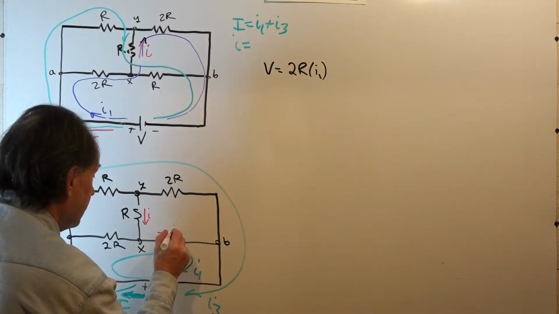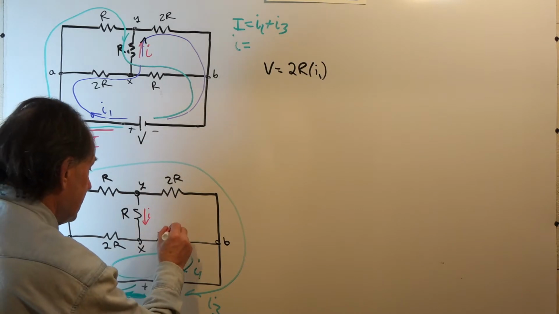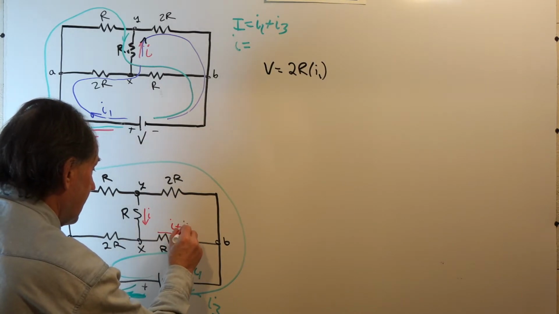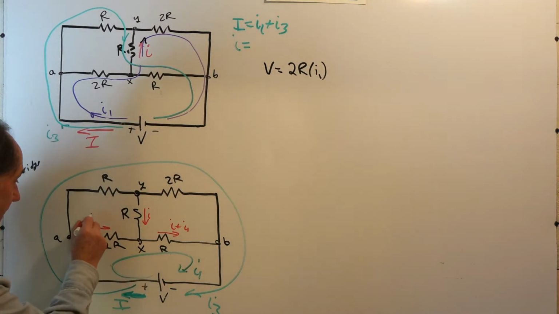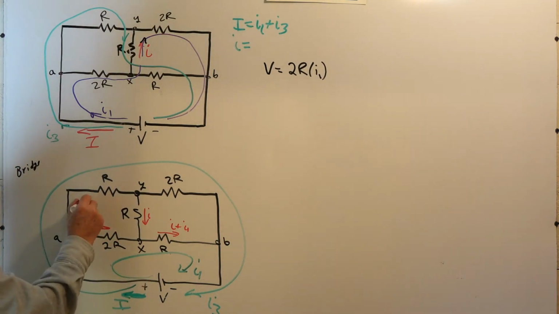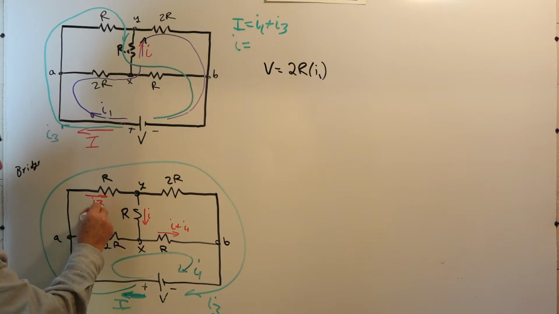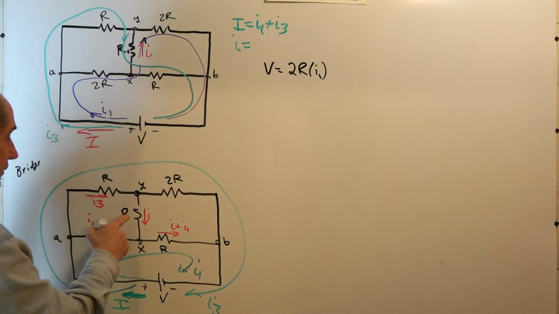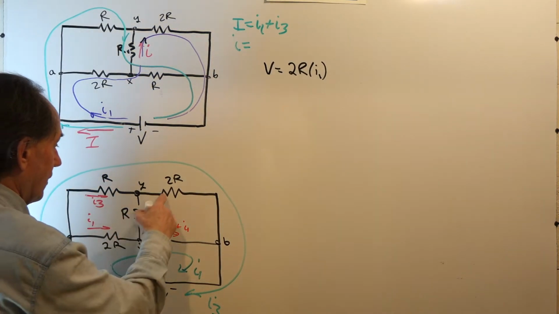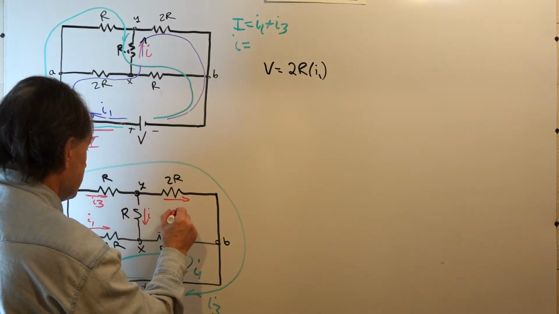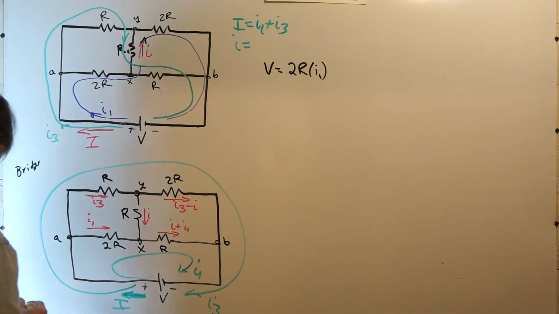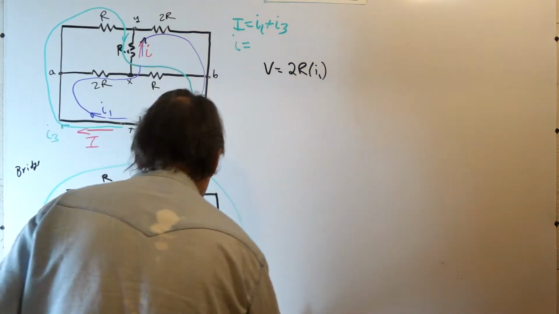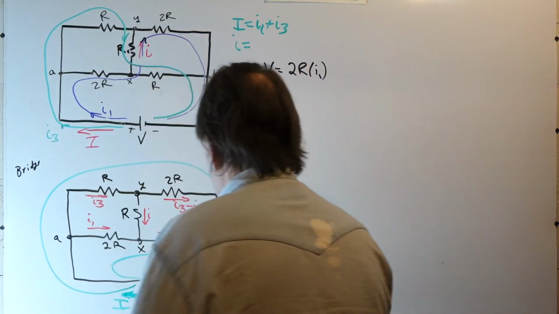The current flowing in this resistor is going to be I plus I1. The current flowing in this resistor is I1. The current in this resistor is I3. And I3 less I1 is flowing in this resistor, so we'll call this I3 minus I1. So now we have all our currents in terms of our unknowns.